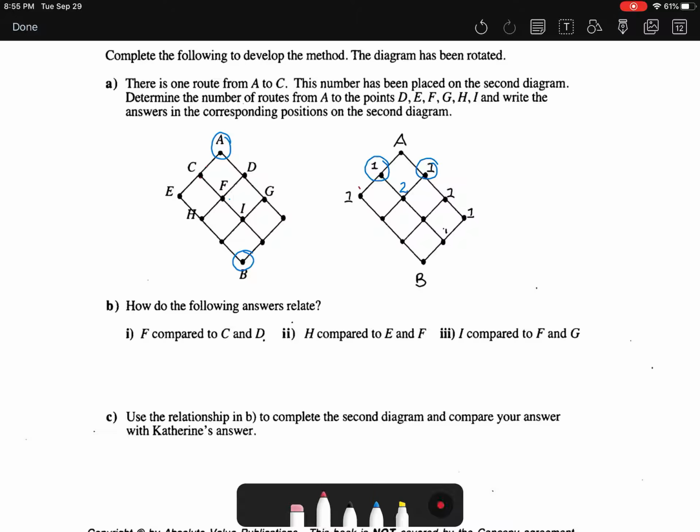Then I keep going. 1 and 2 gives me 3. 2 and 1 gives me 3. I keep going with this diagonal pattern. 3 and 3 gives me 6. The 3 and this 1 gives me 4. And what do you know, 6 and 4 gives me 10, the same answer we got when we used permutations with repetitions.